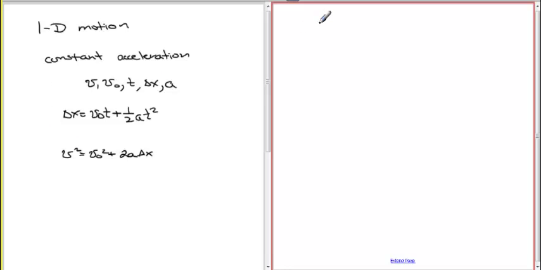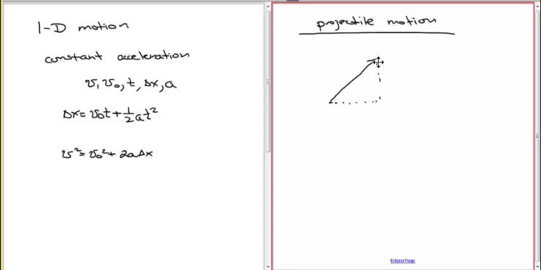Okay, then we have projectile motion. The only thing there is, if we have an initial velocity that has both an x and a y component, we break that up into the initial component in the x direction and the initial velocity component in the y direction, and we have this angle with respect to the horizontal.